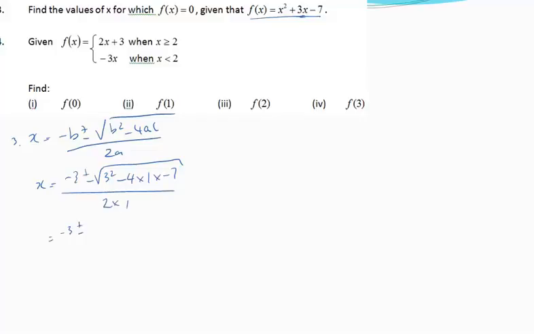Minus 3 plus or minus root 9, negative times a negative is positive 28, on 2. Minus 3 plus or minus root 37 on 2. Into our calculator, and our two values are -4.54 and 1.54.